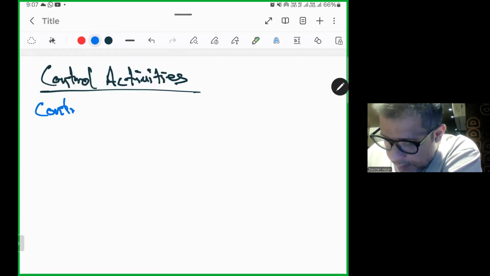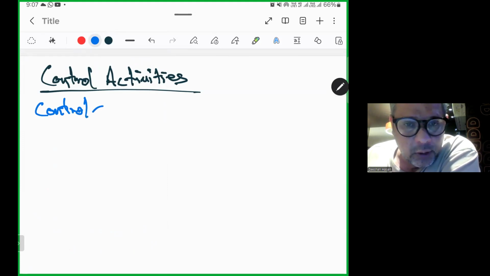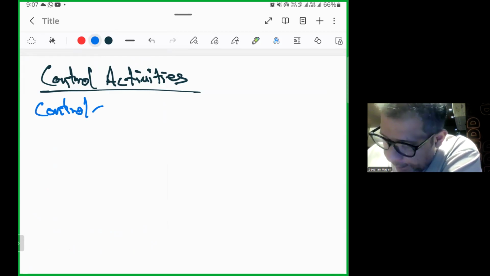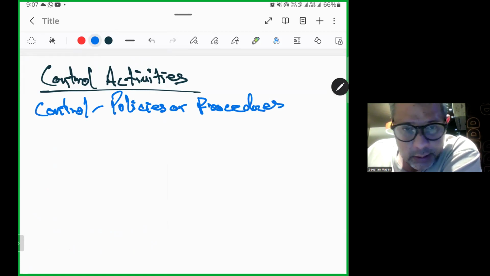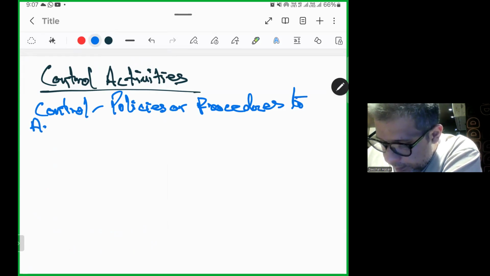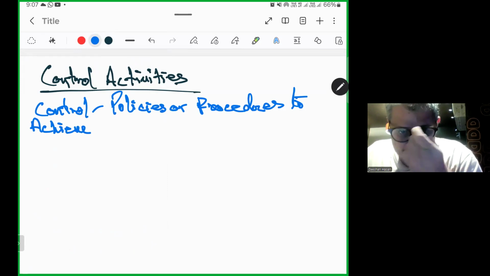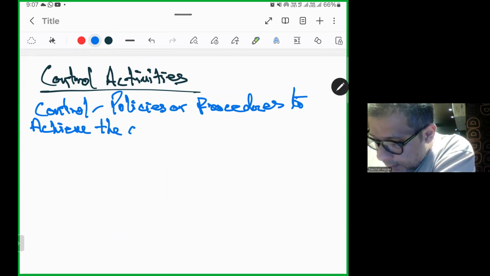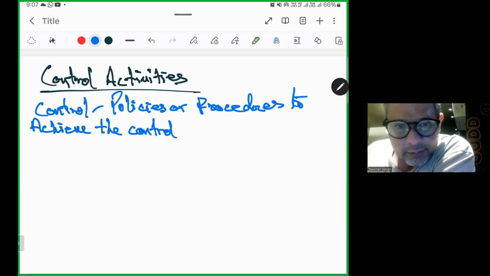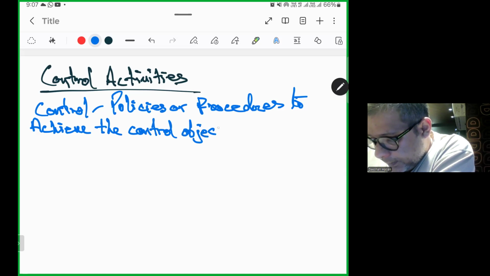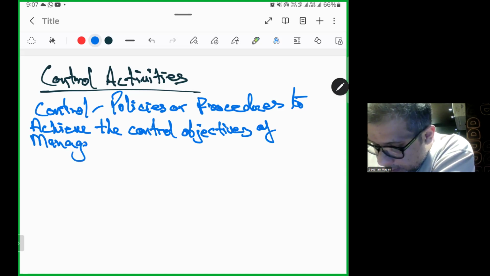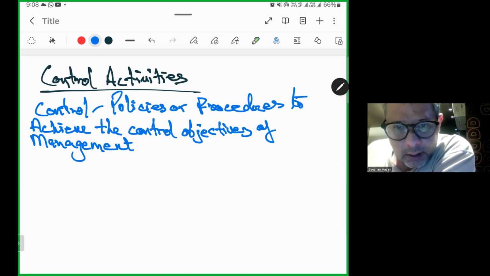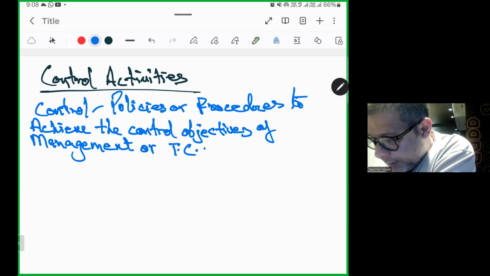Control policies or procedures to achieve the control objectives of management or those charged with governance.